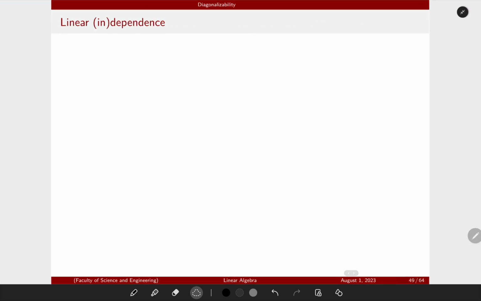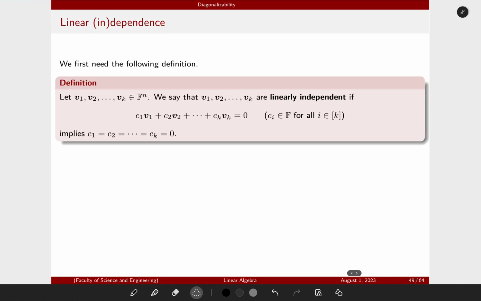To investigate this further, we first need to define the notion of linear independence. You might have also seen this in other lectures, but I will again cover it here just so we're all on the same page. So we have these n vectors, and we say that they are linearly independent if having some scalars times these n vectors, summed up and set equal to 0, implies that all of these scalars are 0.